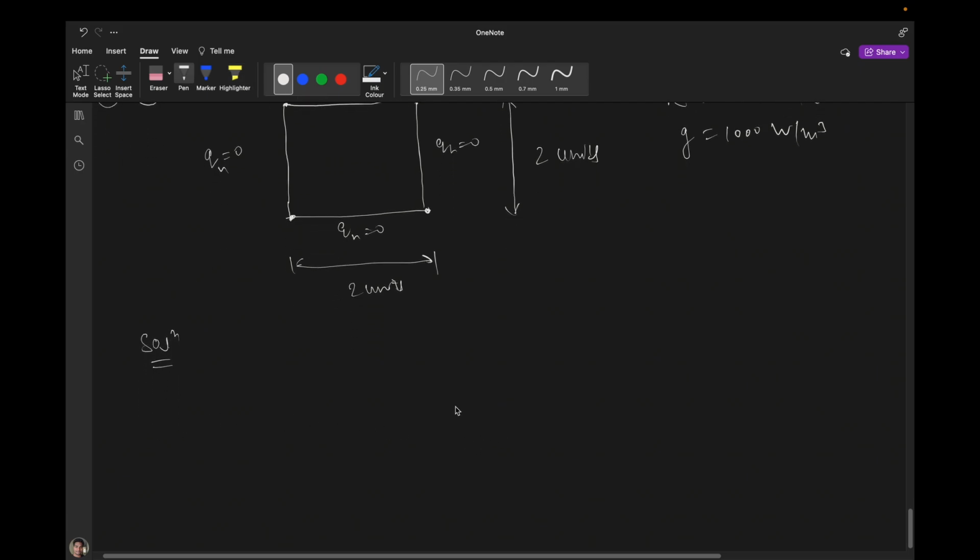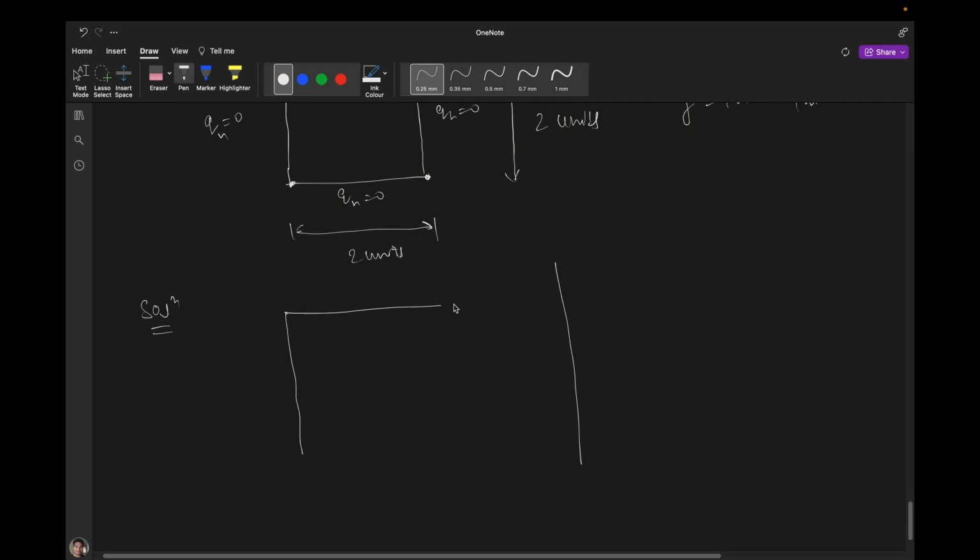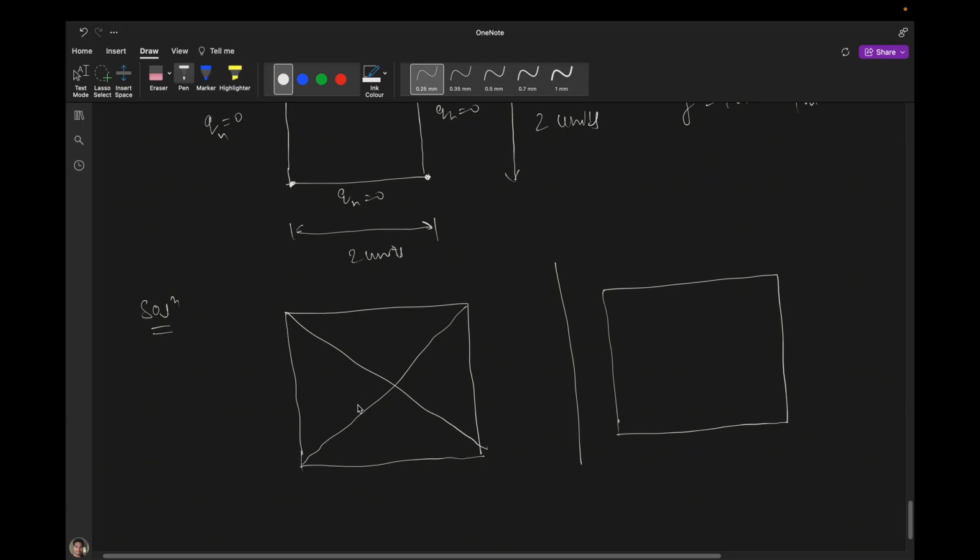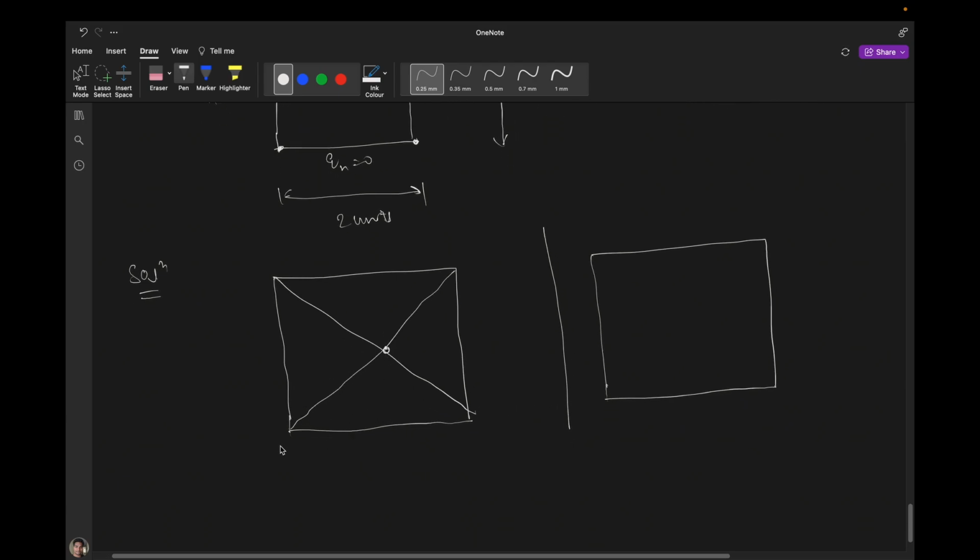We can solve this problem by discretizing this domain by meshing with triangular elements and also with rectangular elements. Let's take nodes 1, 2, 3, 4 and 5, and similarly 1, 2, 3, 4, and let's discretize here as a rectangular element with node 5 here.